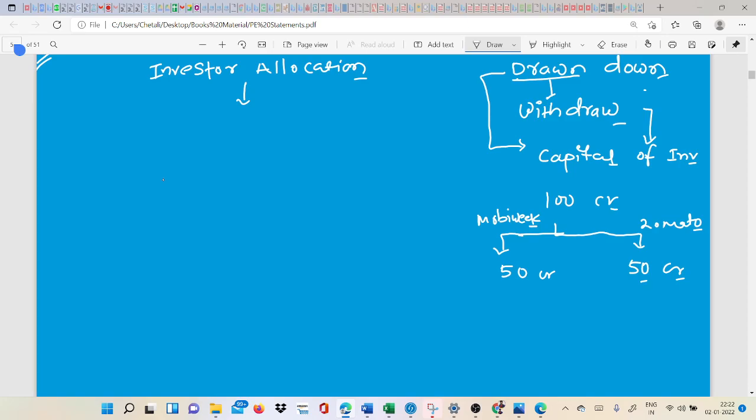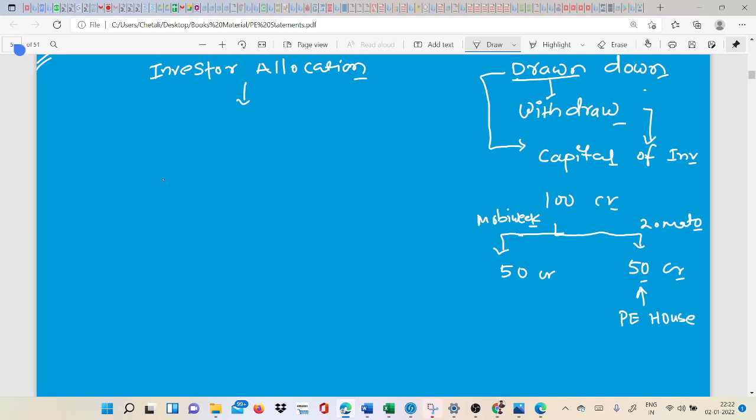And once it is listed, funds will be received by the PE house, correct? The private equity house.